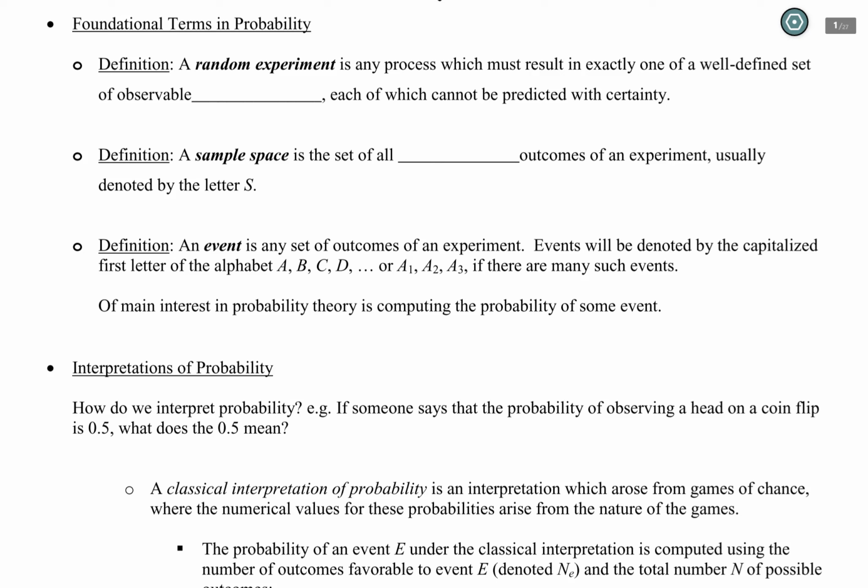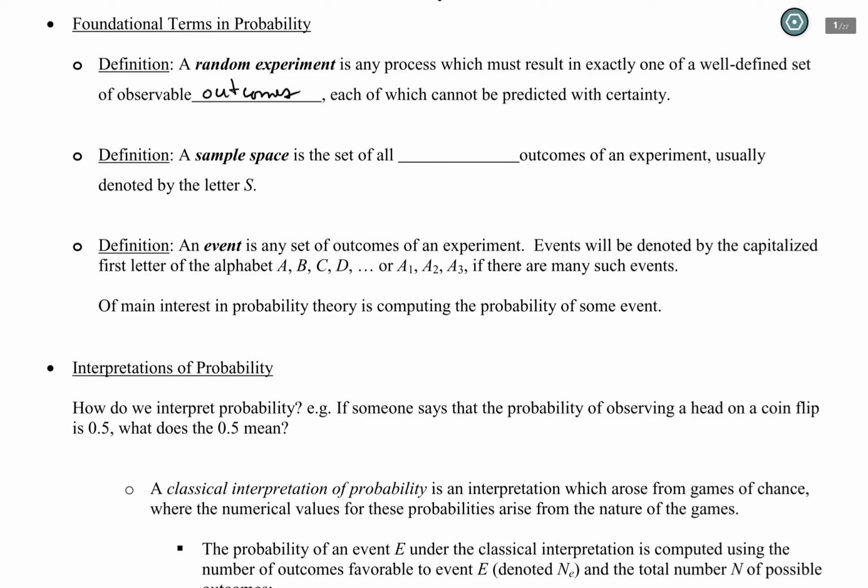Okay, so first we're going to look at some foundational terms. A random experiment, sometimes just called an experiment, is a process that results in exactly one of a well-defined set of observable outcomes. So experiments result in outcomes. Now each of the outcomes cannot be predicted with certainty.